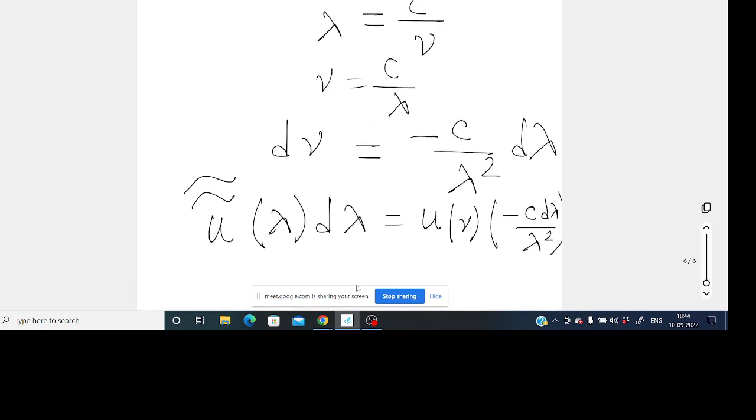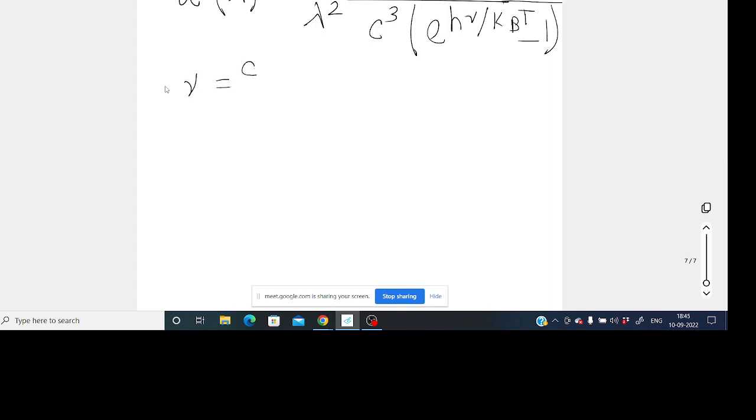Now let's take a mod of this quantity, okay, modulus of this quantity. So if you take that, then you have c by lambda square into u of nu. Now here nu equal to c by lambda.